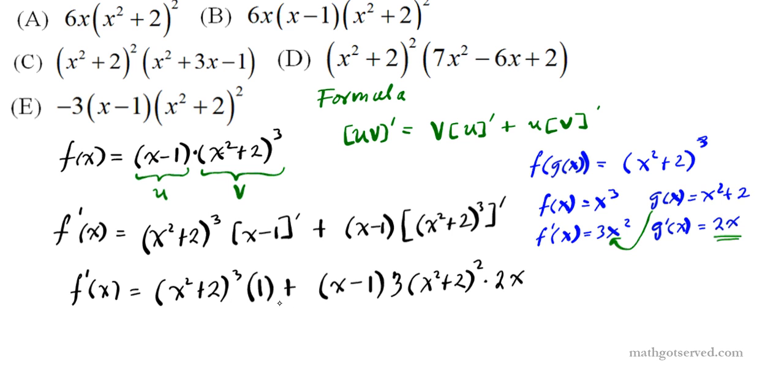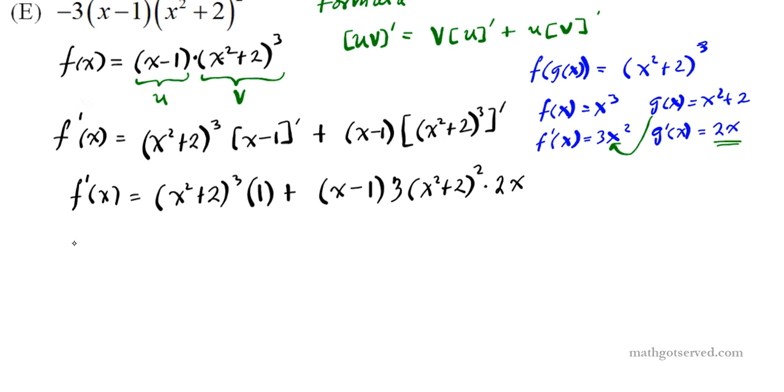Now, if you examine this polynomial function closely, you will notice that we could factor out x squared plus 2. Okay, so this is to the third power, this is to the second power. So if I factor out x squared plus 2 squared, I am going to have f prime of x equals (x squared plus 2) quantity squared.